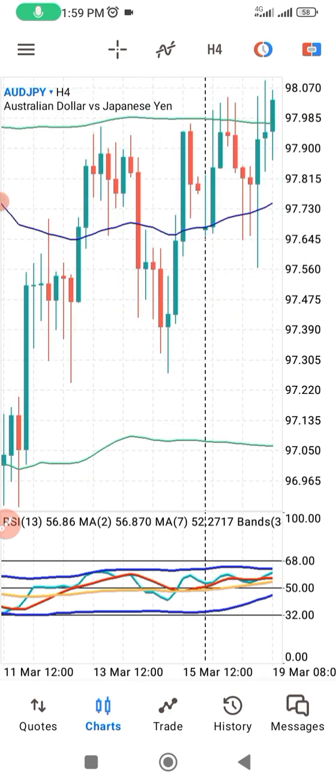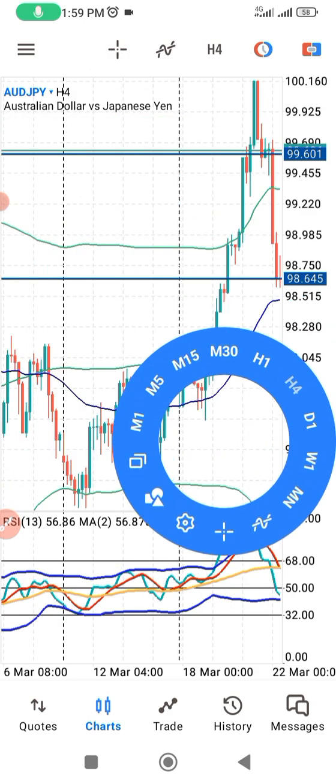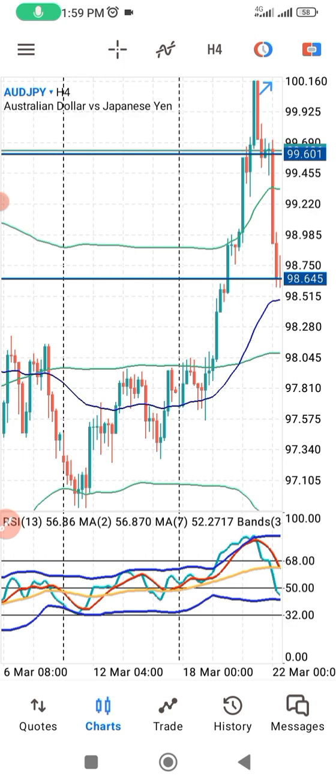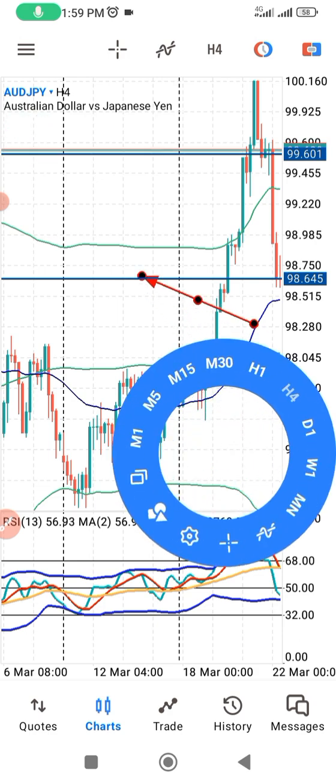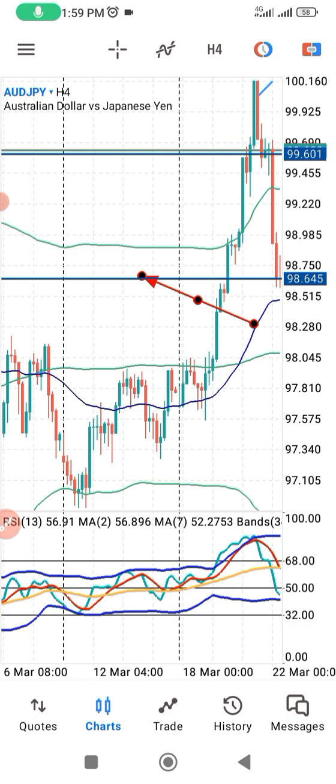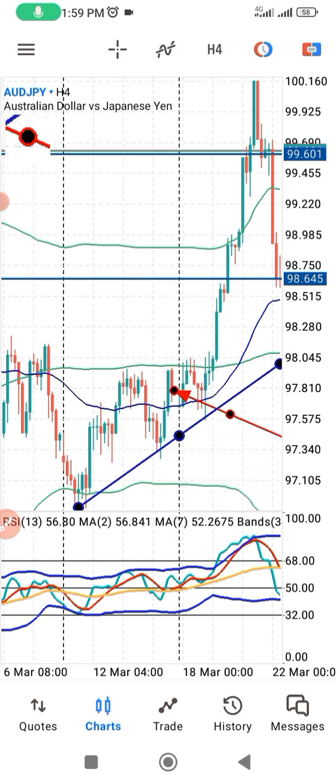Remember, the same thing we've been saying is applicable here. Price was coming from here, so you already know that this price is pushing up. So all we need to do is draw our trend line, and after this we want to see the price pull back.